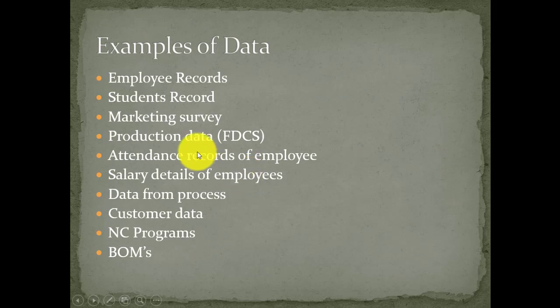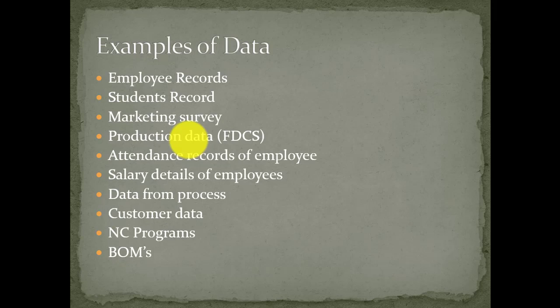Okay. Now what are the examples of data? Examples of data: there are n number of data requirements in the manufacturing industry or any type of industry. It includes employee records, students records, marketing surveys, production data, attendance records of the employees, salary details of the employees, data from processes, customers data, NC part programs, bill of material.